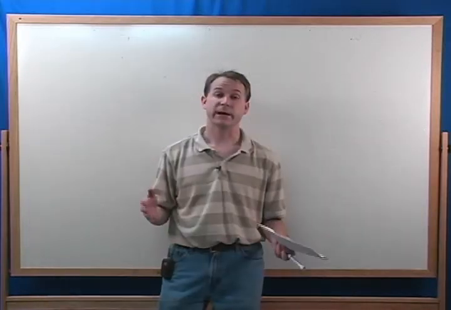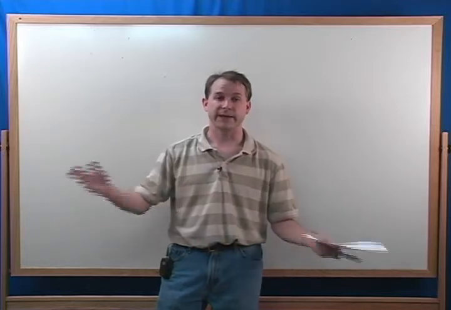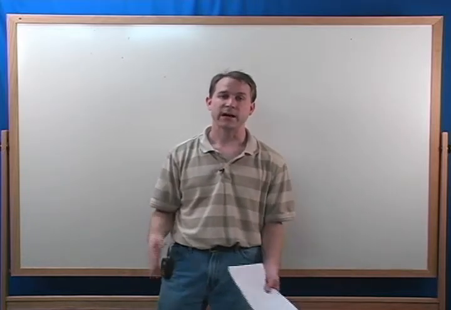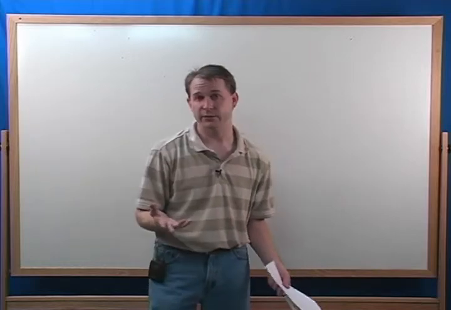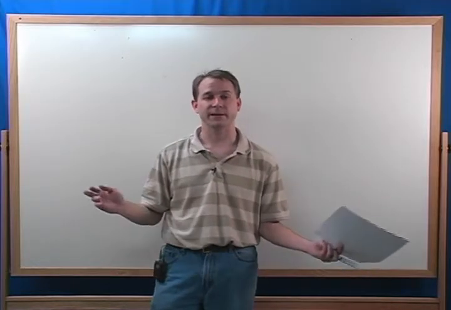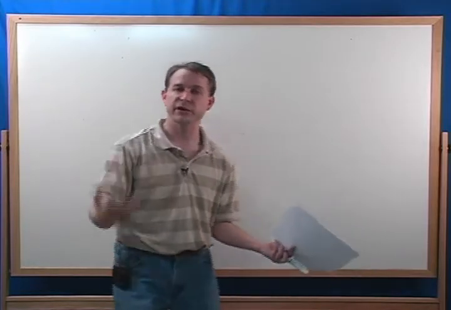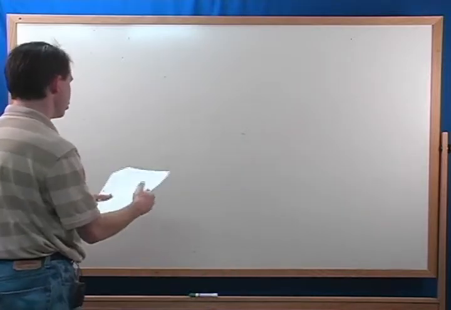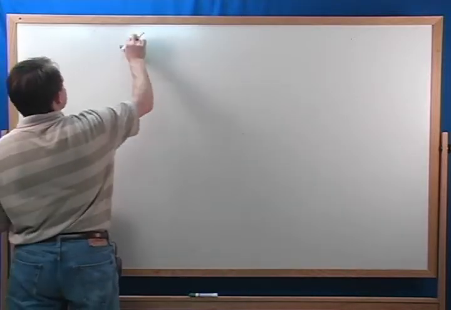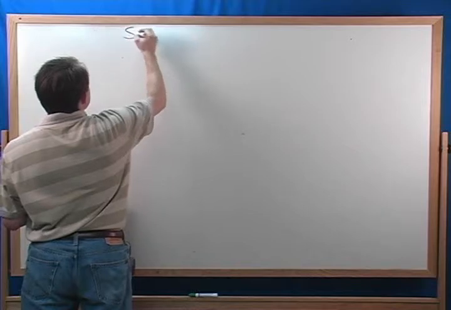Okay, now we've talked about complementary angles. Two angles, you add them up, give you 90 degrees. Now we're going to talk about supplementary angles, which are just two angles that add up to 180 degrees. So it's just another definition, another term that we just have to learn.